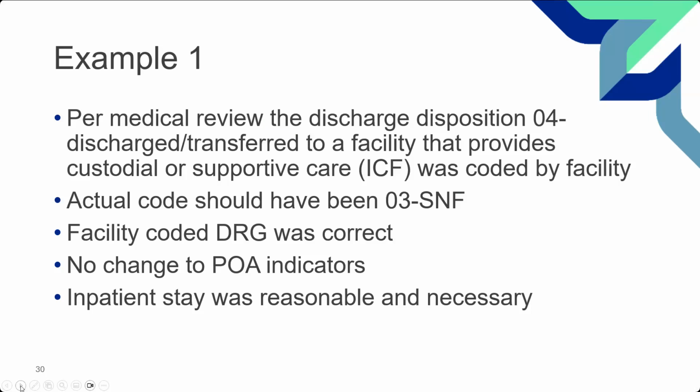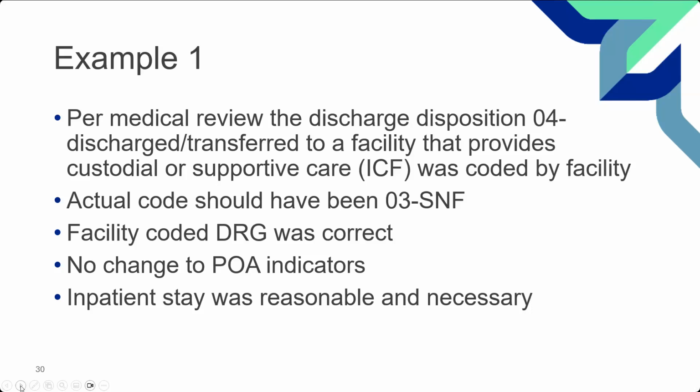After the CERT contractor reviewed the submitted medical records and also looked at the common working file, it was found that this beneficiary was supposed to be discharged to an 03, so to skilled nursing facility level of care. In this review, the reviewer agreed with the coded DRG, so that was not in question.